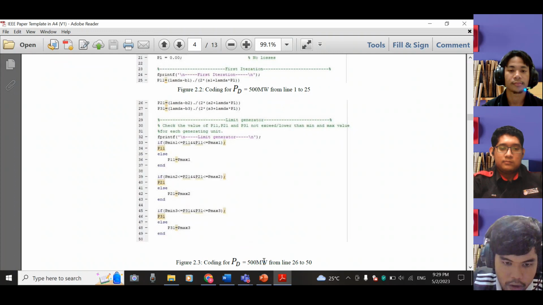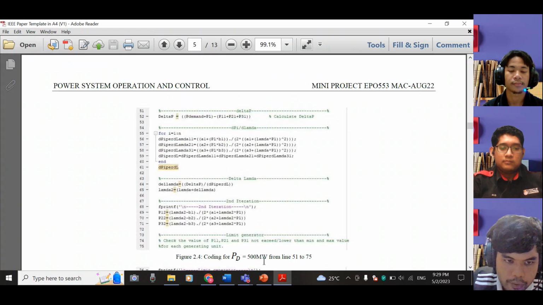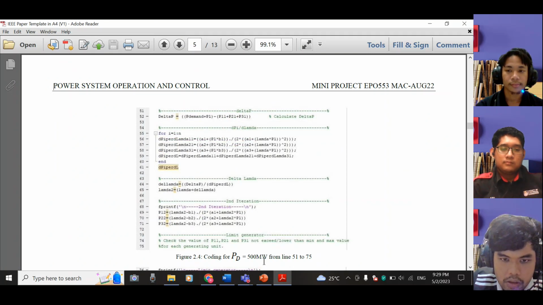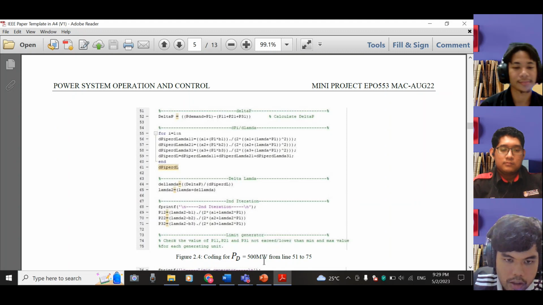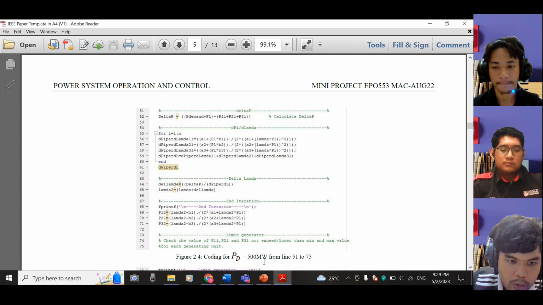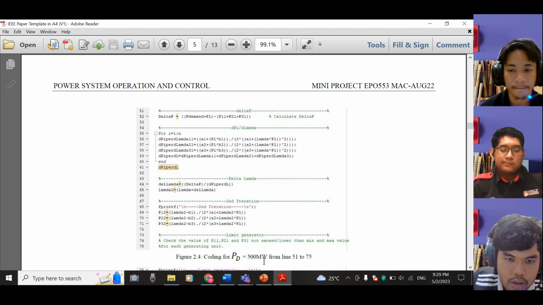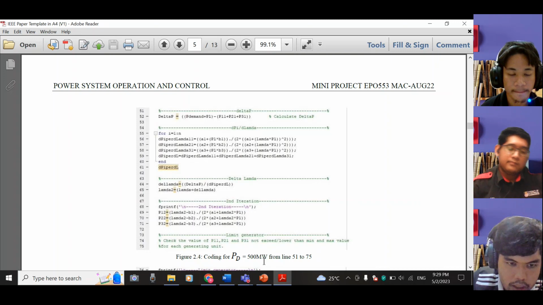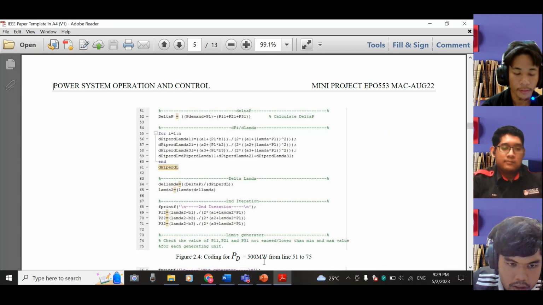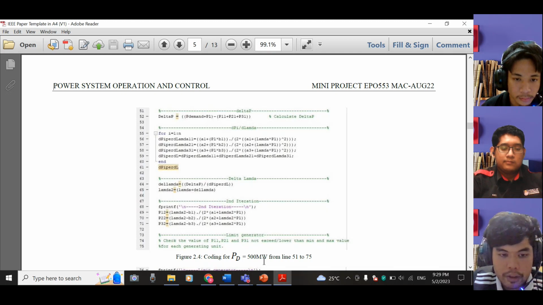So next, for line 51 to 75, is the equation for the delta P. This is the formula to calculate the delta P, and line 54 to 61 is the equation for dP per d lambda. At line 63 to 65 is the value to find delta lambda.